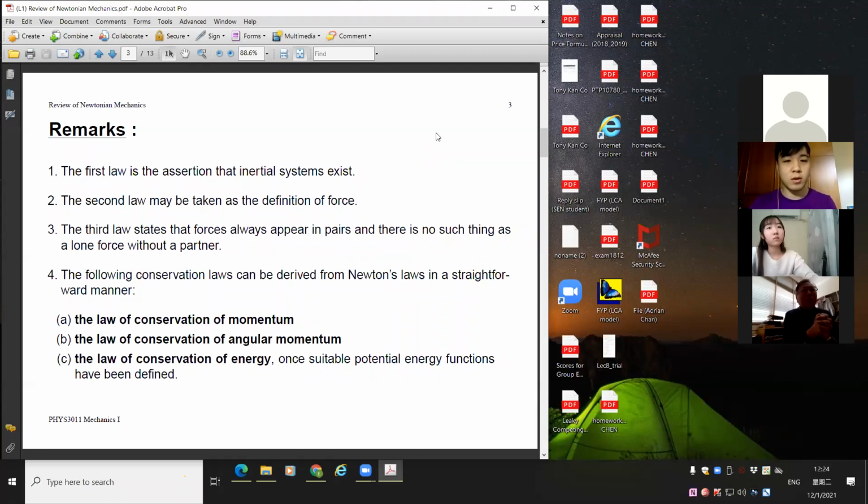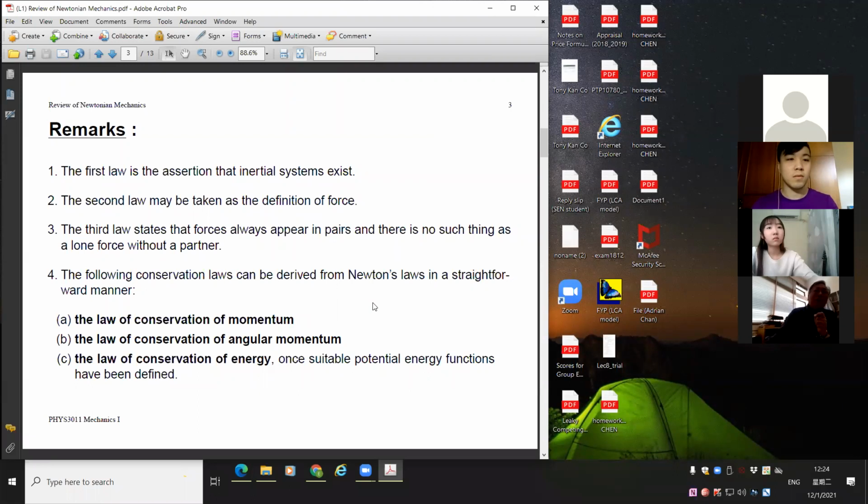The third law states that forces always appear in pairs, and there is no such thing as a lone force without a partner. So whenever we have a force acting on a certain body, we will receive a reaction. Okay.